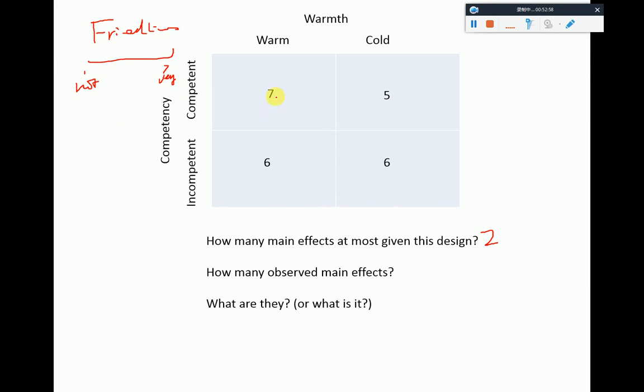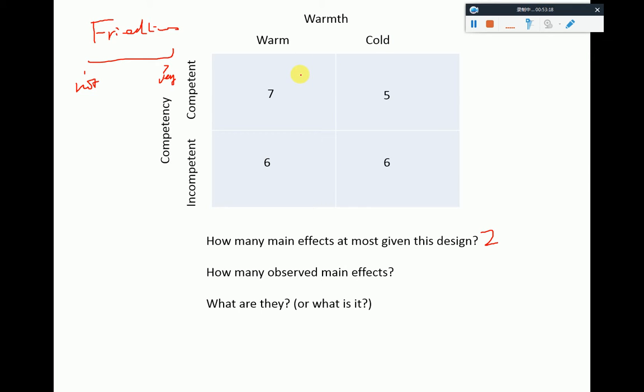Here 7, 5, 6, 6. These 4 scores are the 4 condition means. 7 is the mean for warm and competent. 5 is the mean for when Mike or Aaron is described as cold and competent, etc.